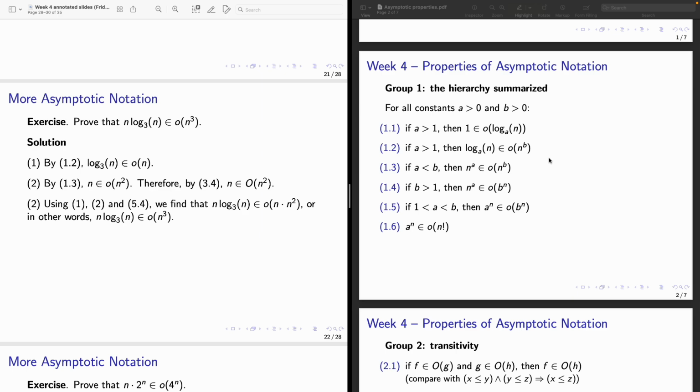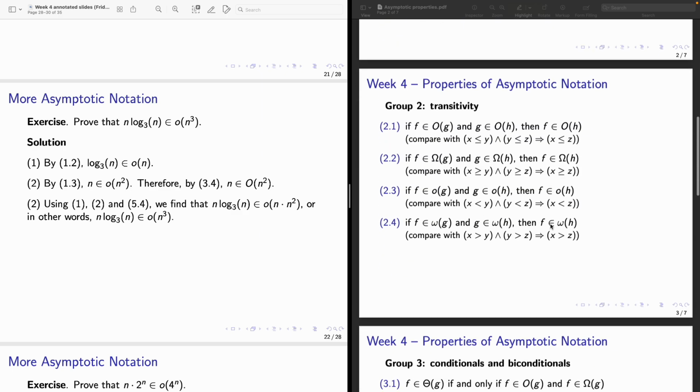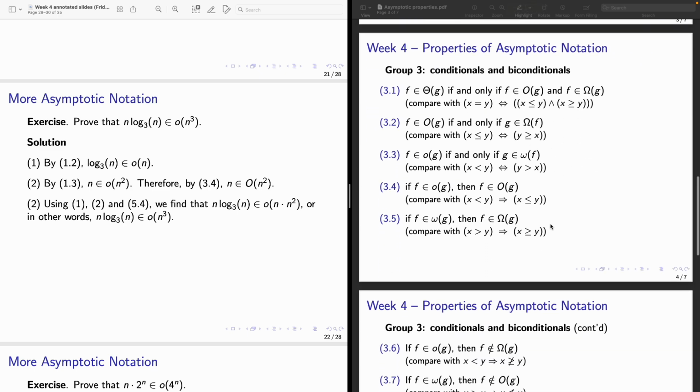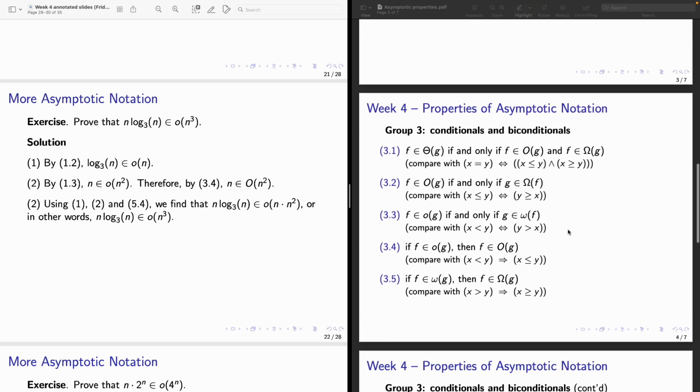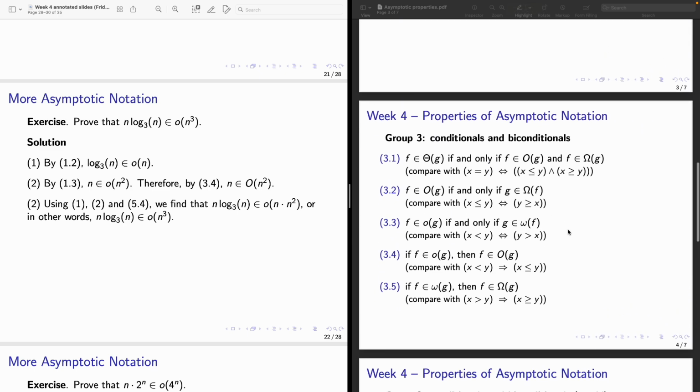In this case, log base 3 is in little o of n to the power of 1. Additionally, every polynomial is in little o of every bigger polynomial. In this case, n is in little o of n squared. So by transitivity? Not necessarily. Oh, okay.